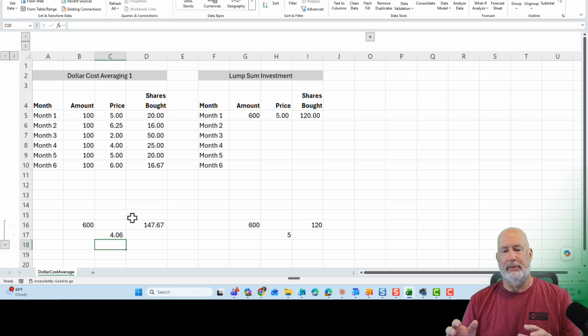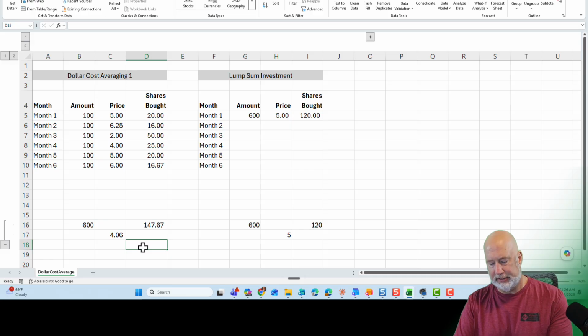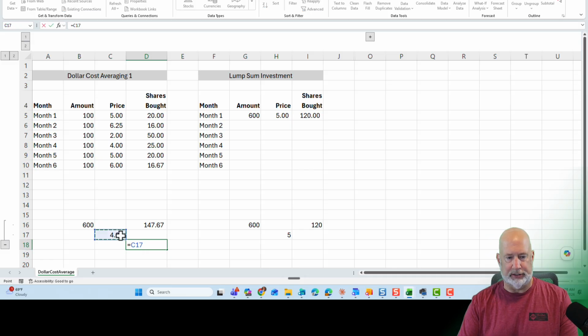So before you say to me, Chris, which one is better? Again, most people do dollar cost averaging because they don't have lump sums to put in here. But let's say for some reason you wanted to get out of the market, and you've been in there a long time, and the price when you get out is $6. So if it's $6, I'm just going to do the $6 manually.